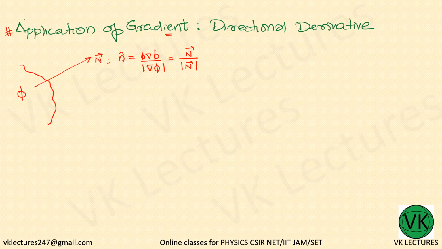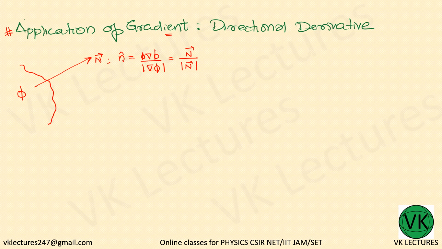This is the direction in which the function changes rapidly. That is what the normal vector means. This is the direction where maximum change occurs, maximum increase or decrease in the function.